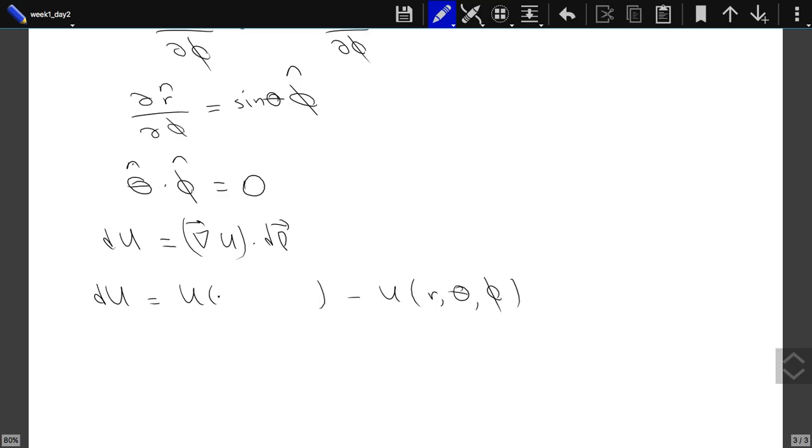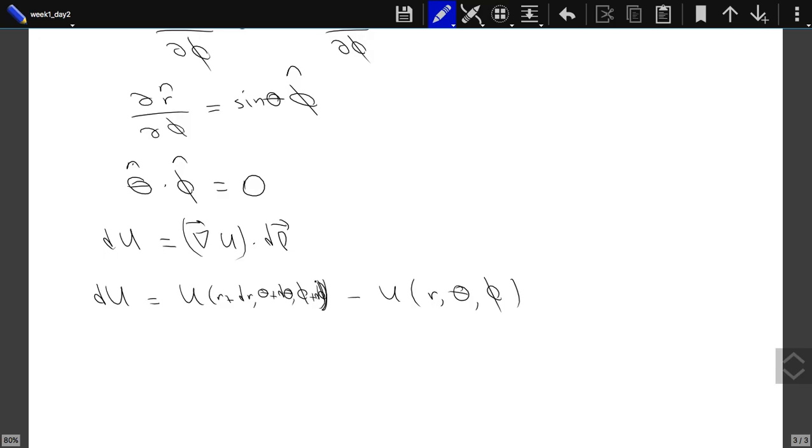The other point will have coordinates r plus dr, theta plus d theta, and phi plus d phi. So we have 2 nearby points. Their radial coordinates differ by a very small amount, their theta coordinates differ by a very small amount, and their phi coordinates differ by a very small amount. This is our du.